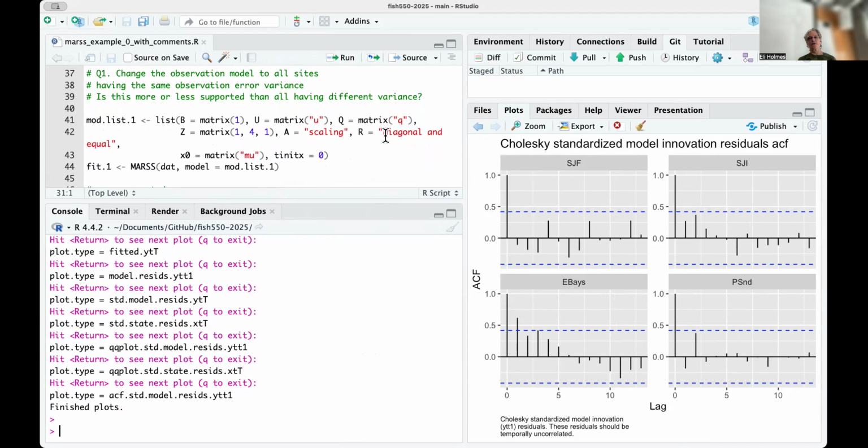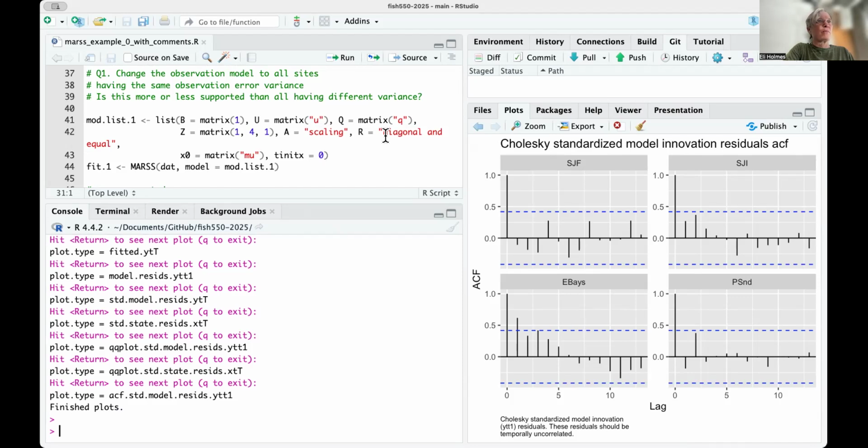There are a few different ways that you can standardize residuals, and yes, it is using the Cholesky of the variance covariance matrix to standardize them.